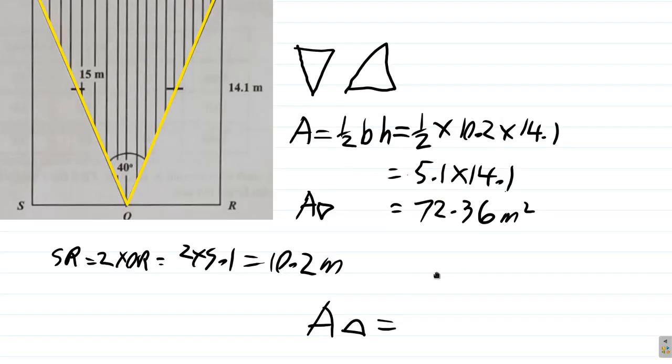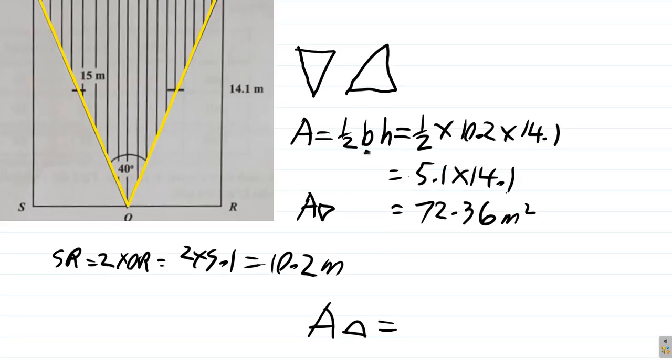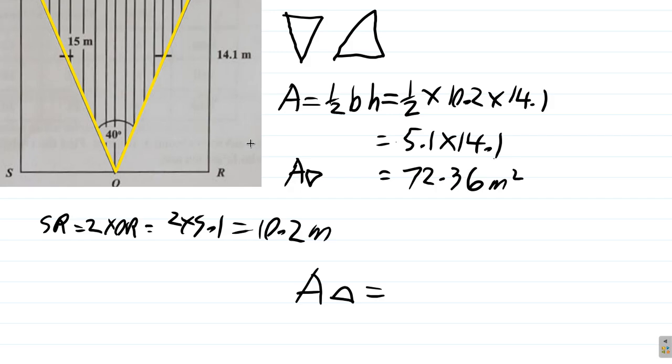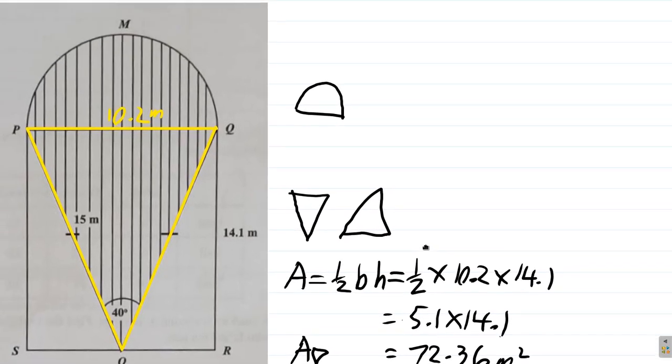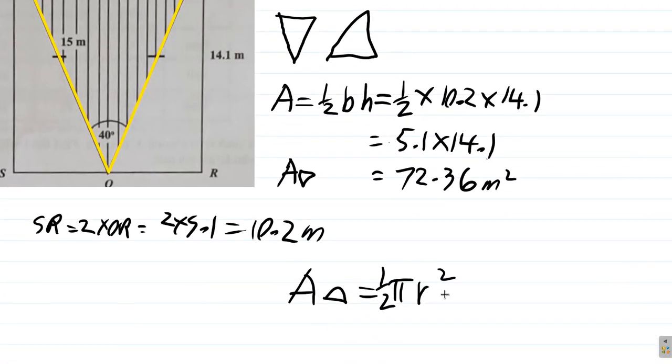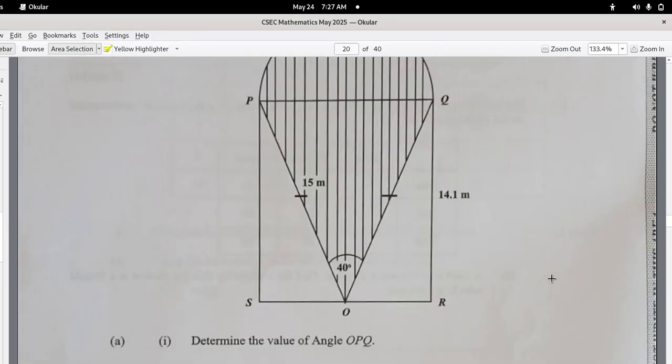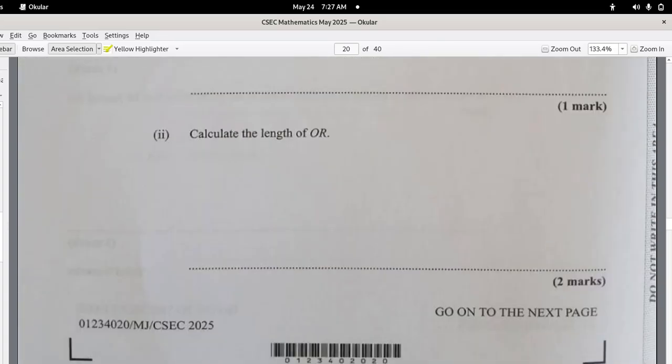But anyway, A of this is going to be... the area of a circle is pi times r squared. But it's a semicircle, so it's going to be half. Semi means half, right? Half pi r squared is going to be half times, let's say, use pi as 22 over 7. They say that, right? Okay, good.